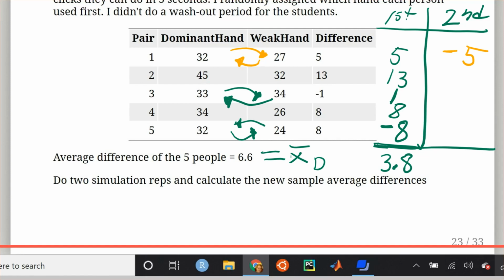Okay, now for student number 2, I'm going to switch places again because I got a heads. Now 32 is going to be first, 45 will be second. So I'll have 32 minus 45. The new difference will be a negative 13. For student number 3, I got a tails, so I'll keep the order the same, and I'll have the same difference of negative 1.